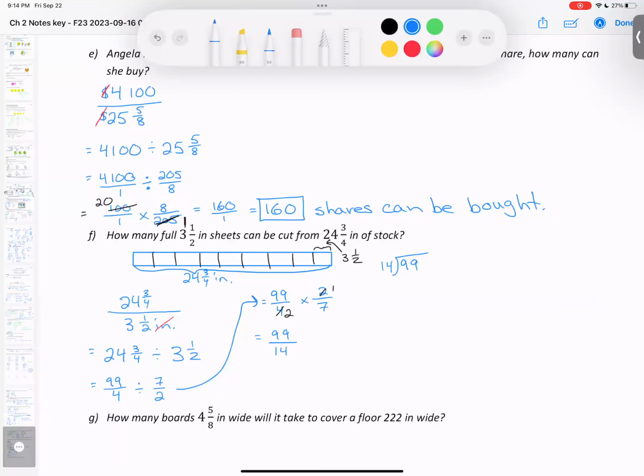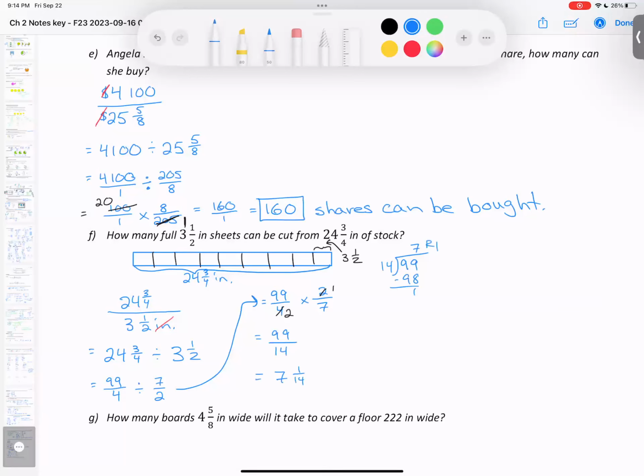How many times can we fit 14 into 99? We can go 7 times. 7 times 14 gives me 98. So I'm going to end up with a remainder of 1, which means my mixed number here is 7 and 1 over 14.